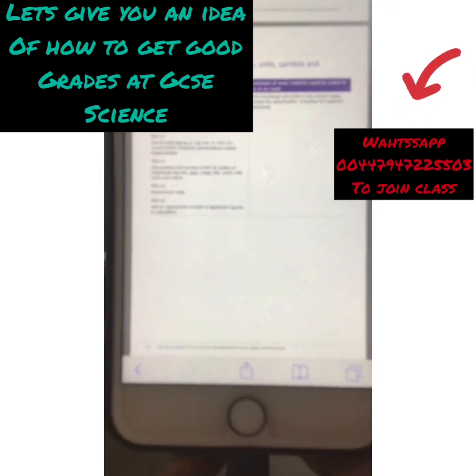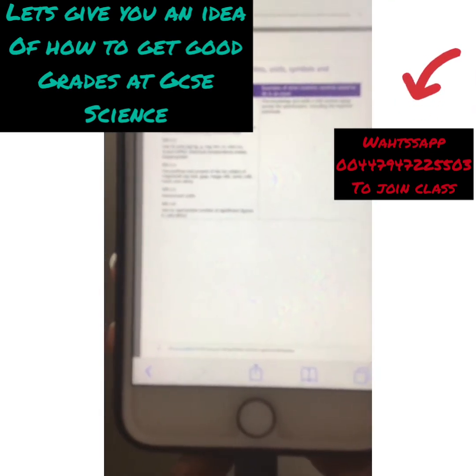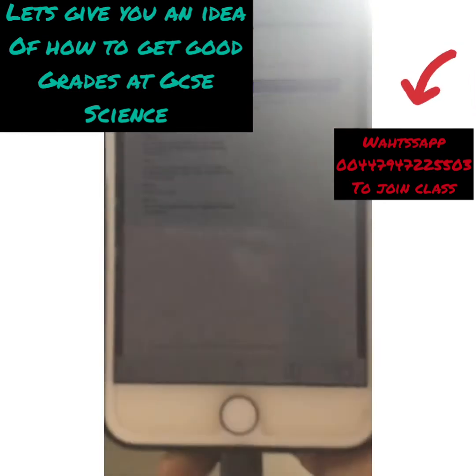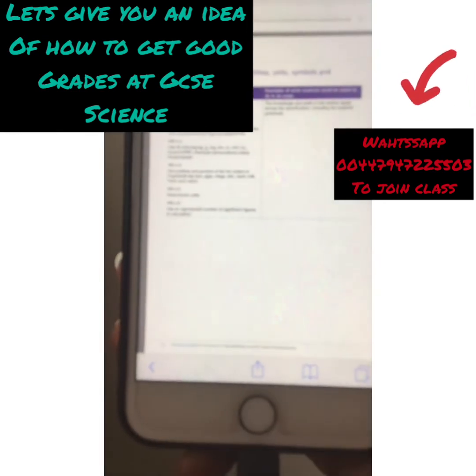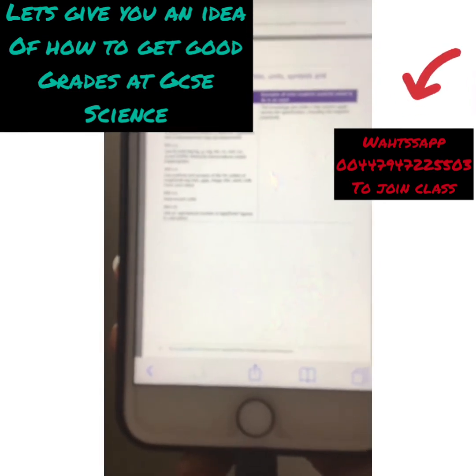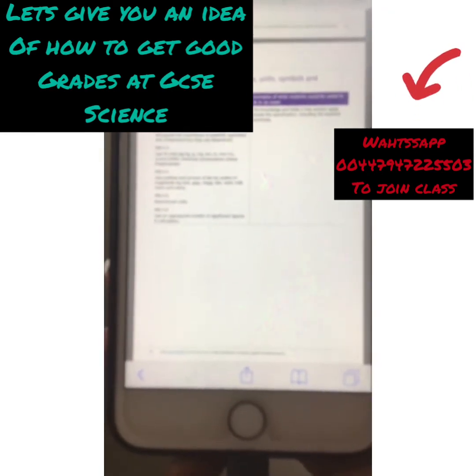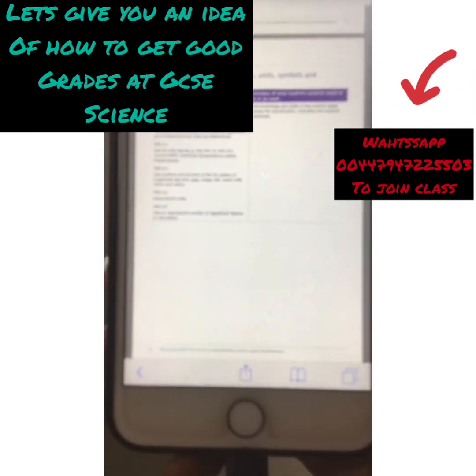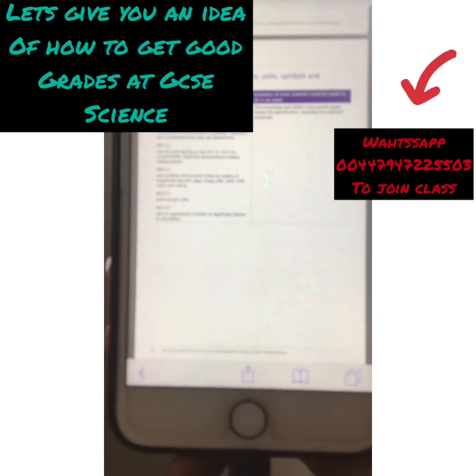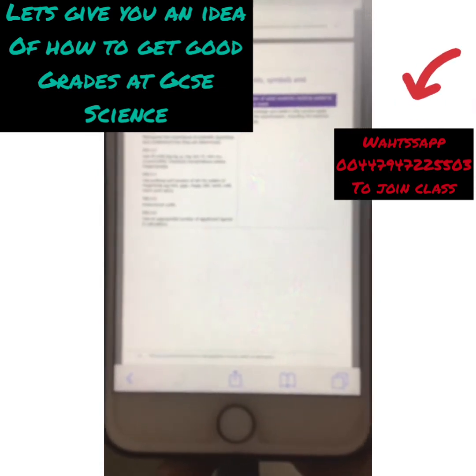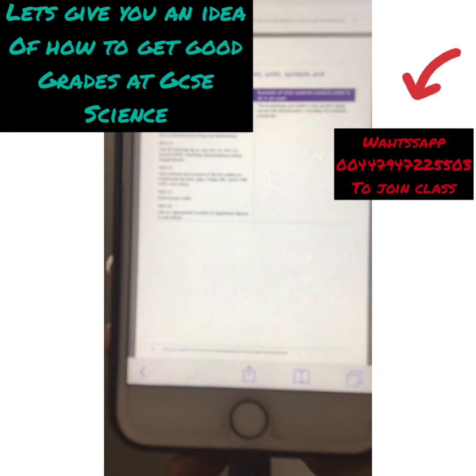If I ask you for 3 significant figures, do you even know what significant figures are? Do you know how to write your answers in standard form? Because sometimes we will specifically ask you to leave your answer in standard form. And these are the math skills you have to have in order to be able to do well in the sciences.